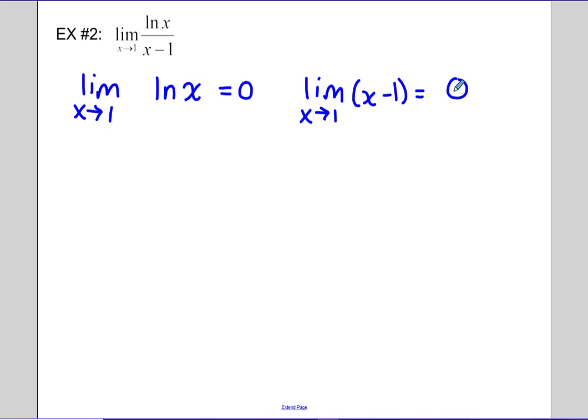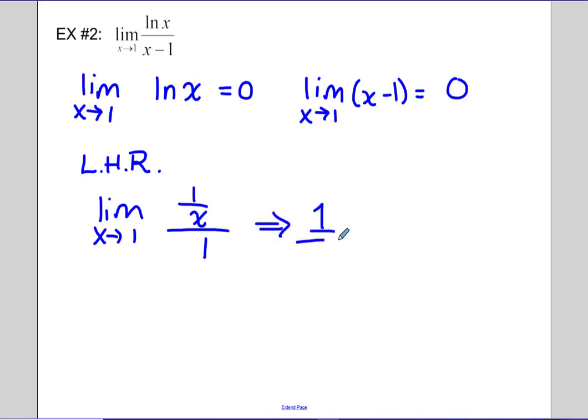That's case number 1 when we have 0 divided by 0. So we're going to employ L'Hopital's rule and rewrite that as a fraction this way. The derivative of the numerator is 1 over x, and the derivative of the denominator is 1. Now when you apply L'Hopital's rule, we have 1 divided by 1, and case solved.